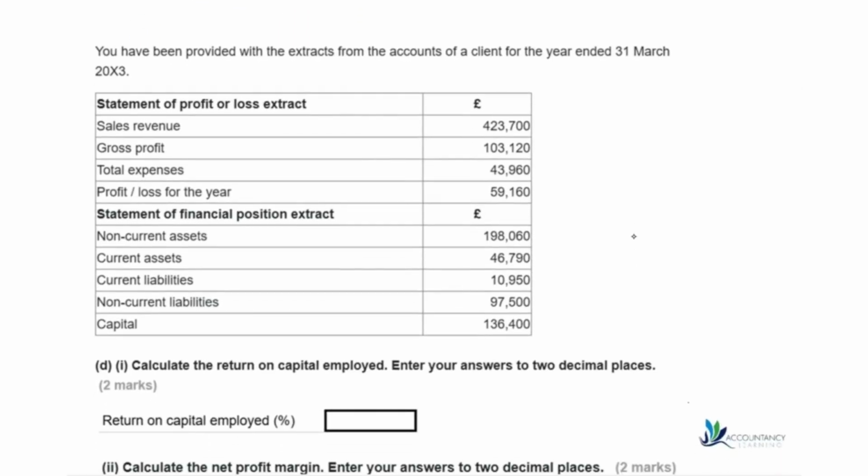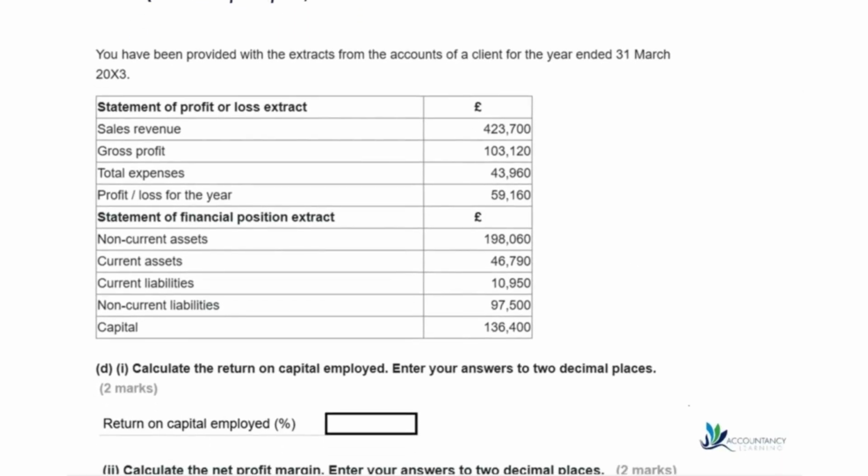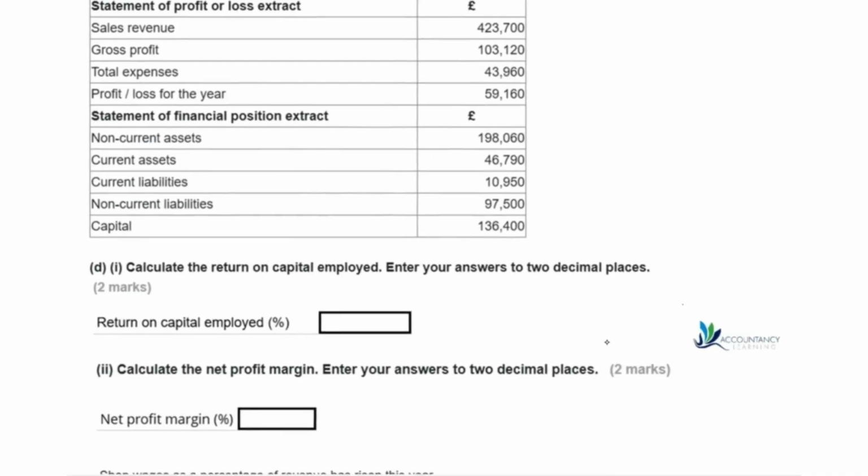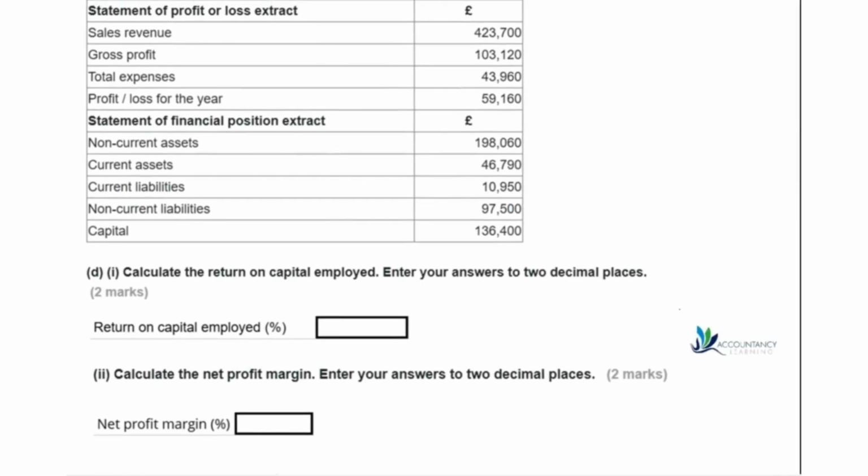So next we've got extracts from the accounts of a client for the year ending the 31st of March X3. And we need to now calculate some ratios. So the return on capital employed. So what is the return on the investment in the business? We need to answer to 2 decimal places. So what's our return first of all? So our return is going to be the profit for the year of 59,160. We're going to divide that by what's been invested.